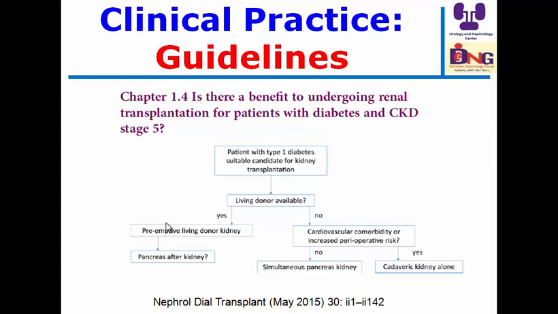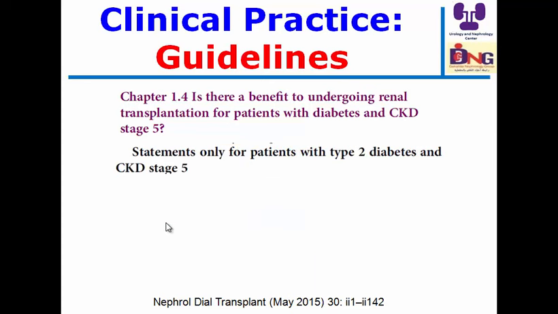If there are no comorbidities, proceed with cadaveric simultaneous pancreas and kidney. And if there is cardiovascular disease or multiple comorbidities, it is sufficient to have cadaveric kidney transplantation, because pancreas transplantation is not an easy task. So this is the guideline approach for type 1 diabetes mellitus end-stage kidney disease patients.